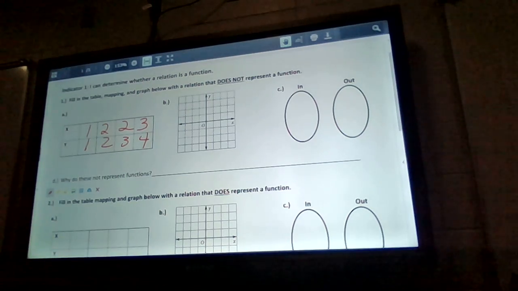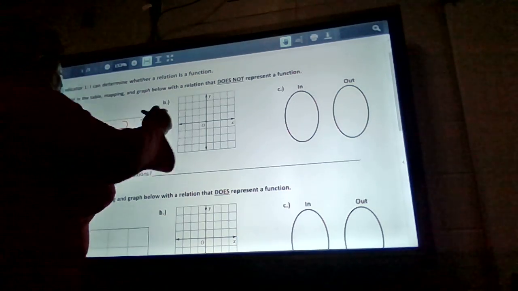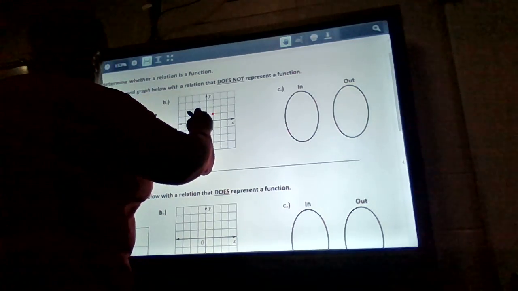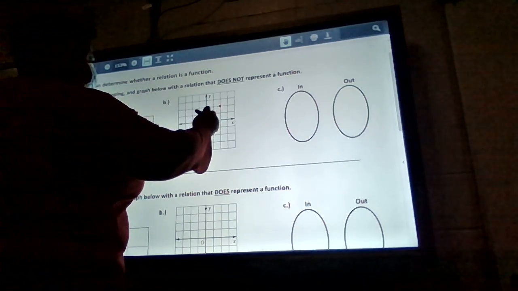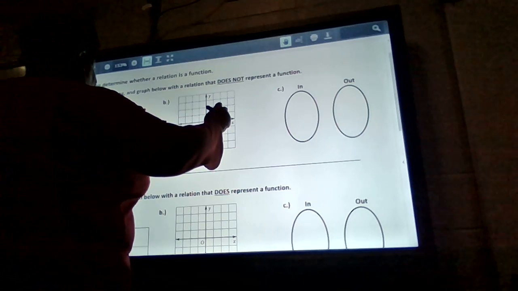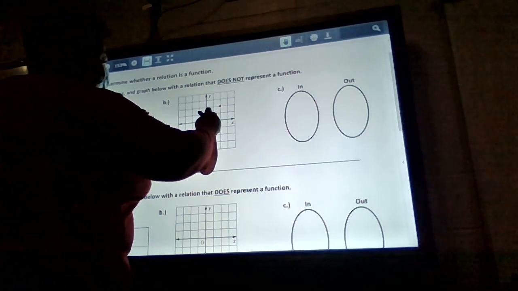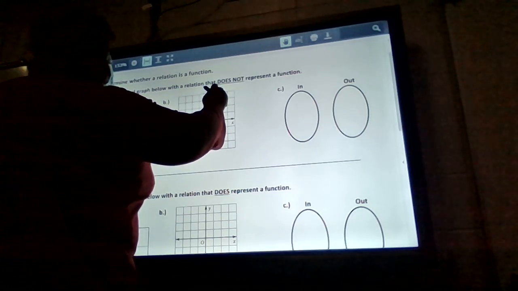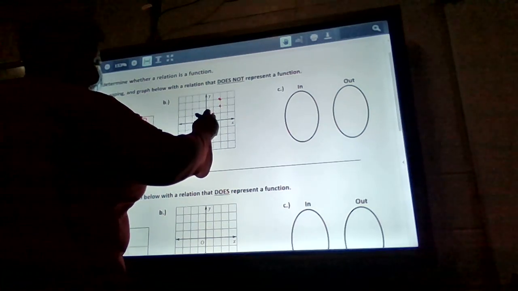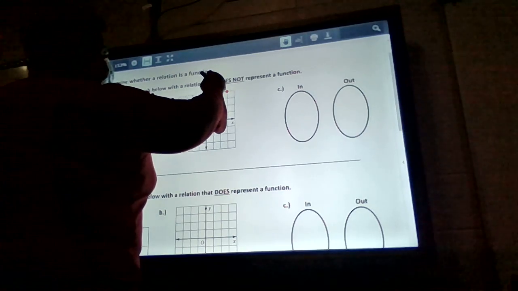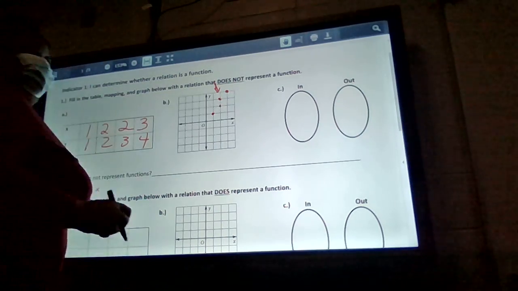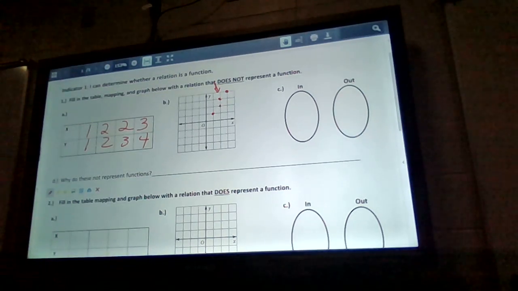I can plot this same thing for B since I already got a table. So I have 1 and 1, 2 and 2, 2 and 3, and then 3 and 4. Remember the vertical line test?